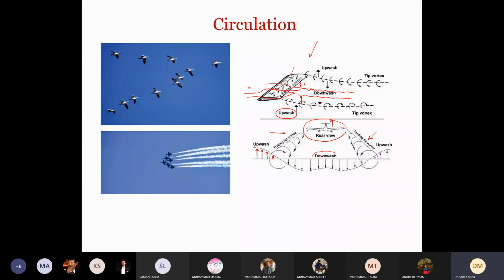Now if you look at inside the wing here, because of the bound vortices, there will be net velocity acting in downward direction here.